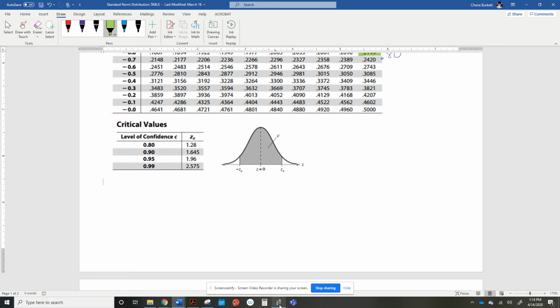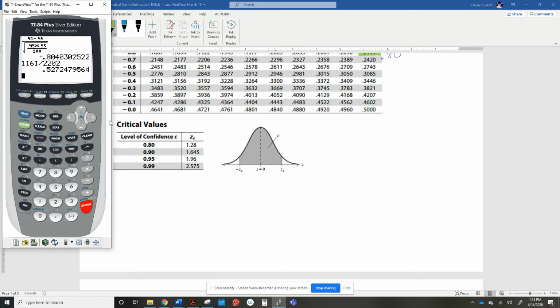But since this is a video on calculators, we can come over here and we're talking about a distribution here. So you can do second vars, and this is an inverse norm because we know the area and we're looking for the z-score. The area that we have is 0.05.